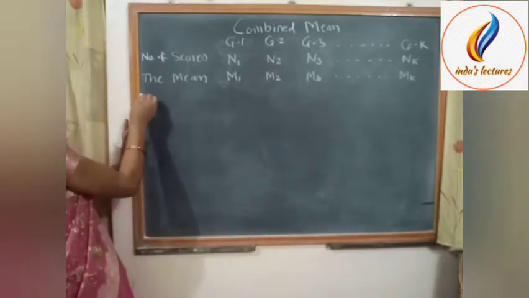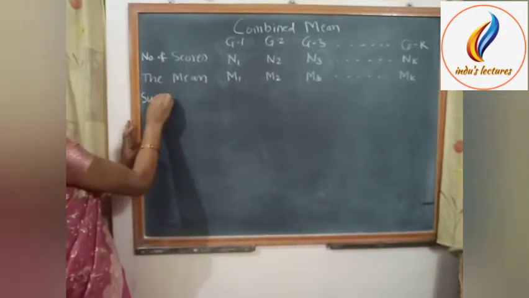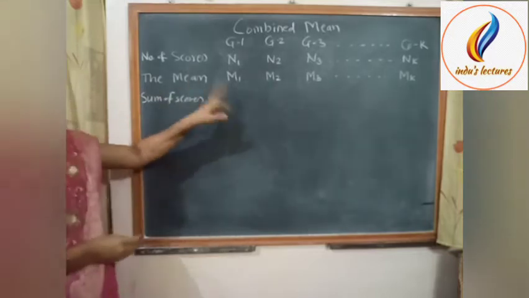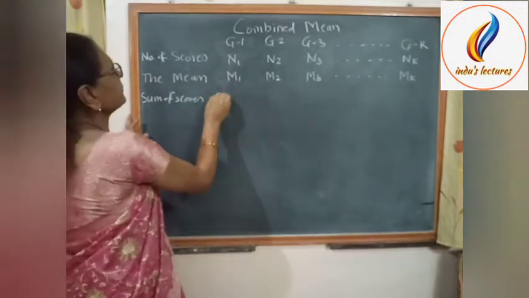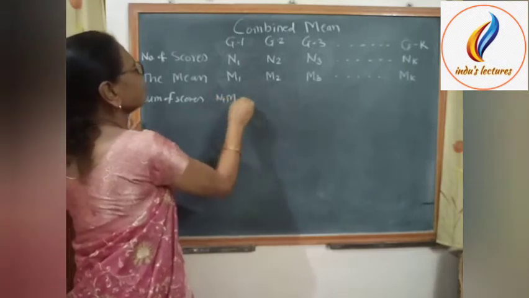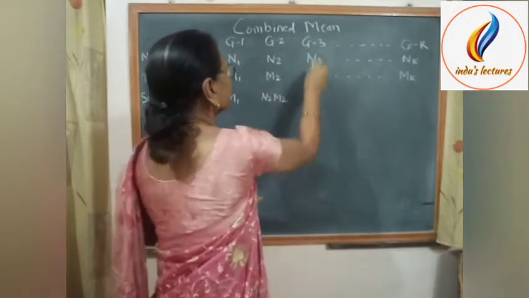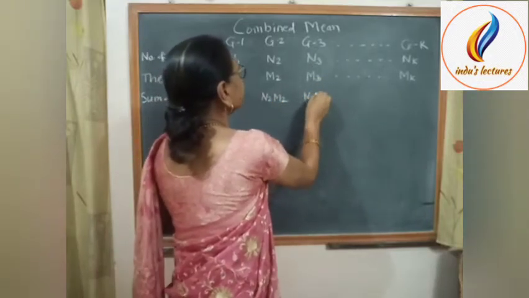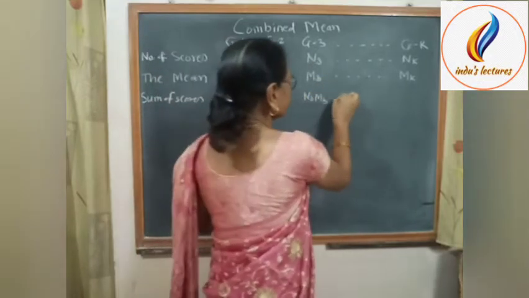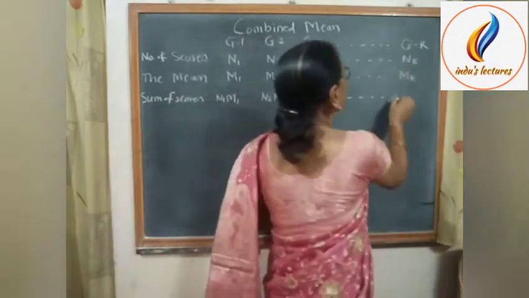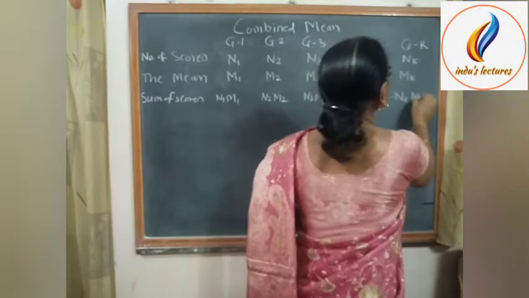That means we can find the sum of scores in each group: for G1 N1 M1, for G2 N2 M2, for G3 N3 M3, and similarly for the group Gk it is Nk Mk.